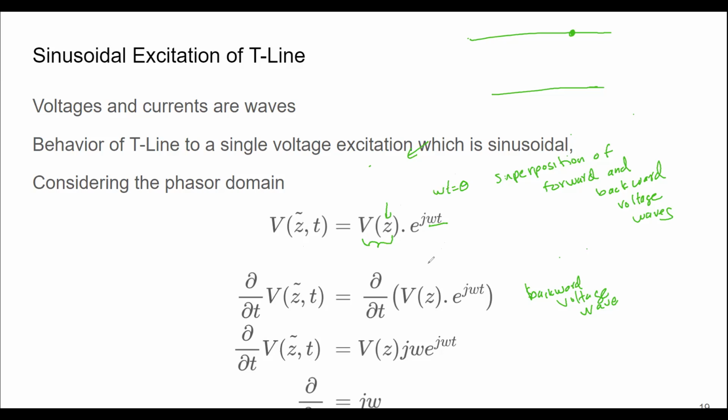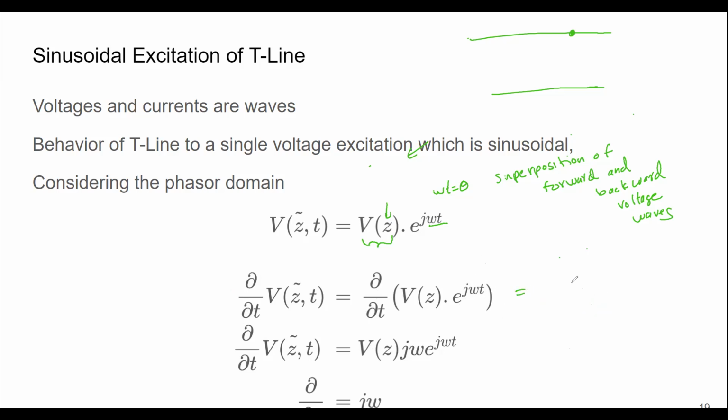So once we take the voltage in this phasor domain and take the derivative of that expression with respect to t, we can see that the derivative of an exponential function is itself, and the additional part comes from the additional components apart from the variable.